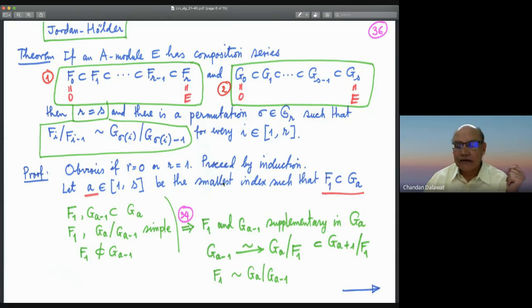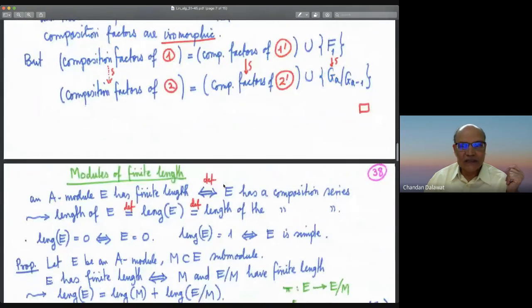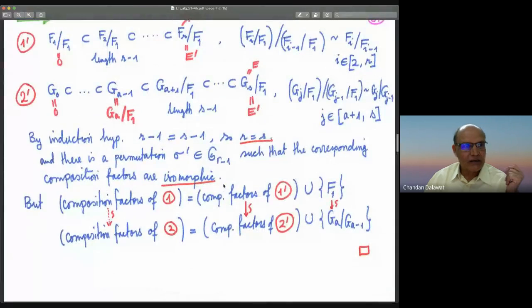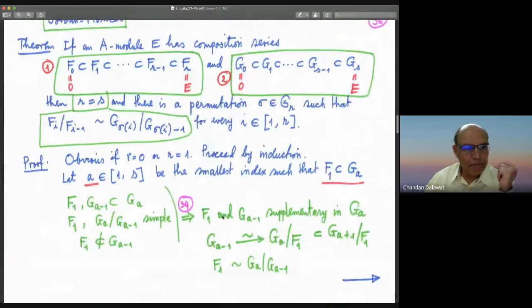Now, let me try to at least indicate a proof. It fits in one page. Okay, so let's go through the proof. The first remark is that if R is 0 or 1, if the length of the composition series is 0 or 1, then of course the theorem is true. If the length is 0, then the module itself is 0, and if the length is 1, then the module itself is simple.